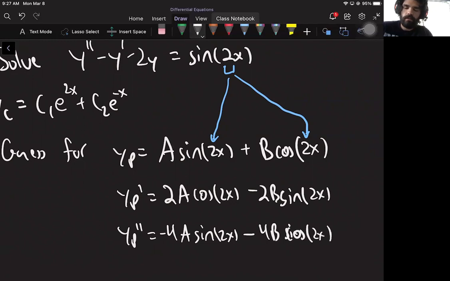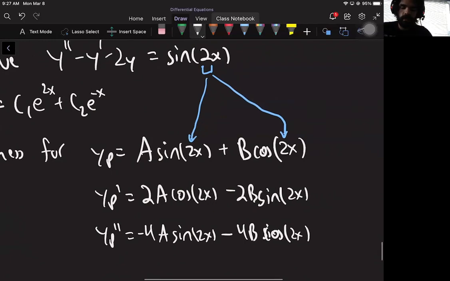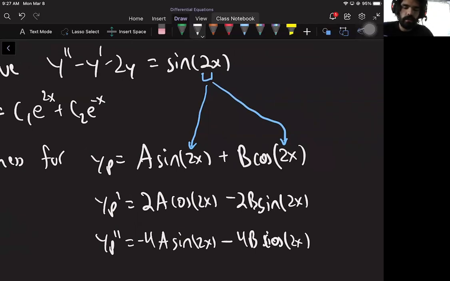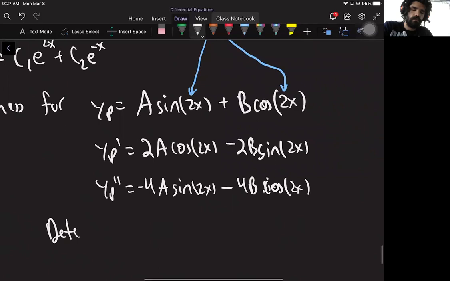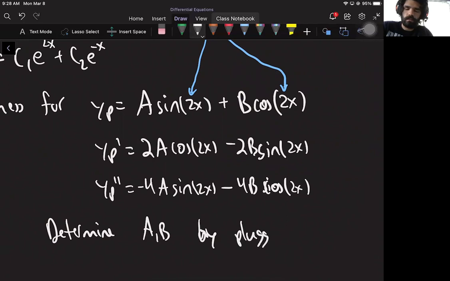But this is how you start it. Plug these 3 back in, match coefficients to figure out A and B. Okay. So it'll take a while, but it can be done.